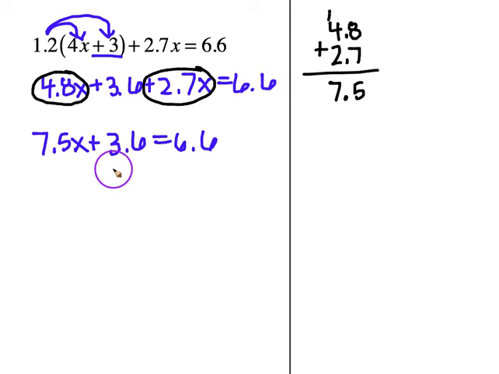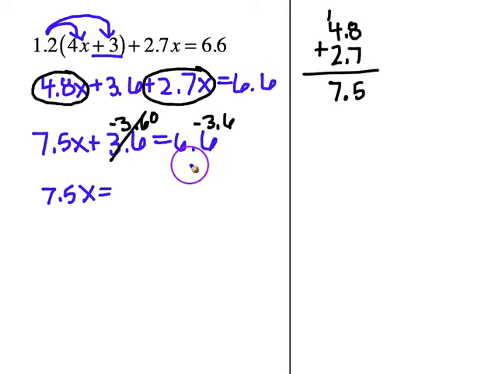So what you're going to want to do is eliminate the constant on the left. And I'm going to do that by subtracting 3 and 6 tenths from both sides. Here, these are additive inverses. A positive and a negative will give you 0. So now we're left with 7 and 5 tenths x equals, here, let's do some side work.